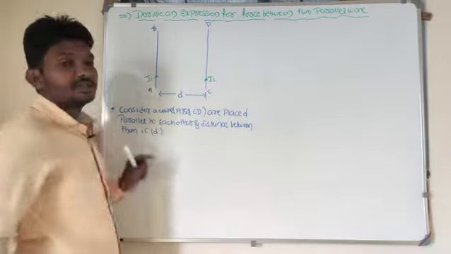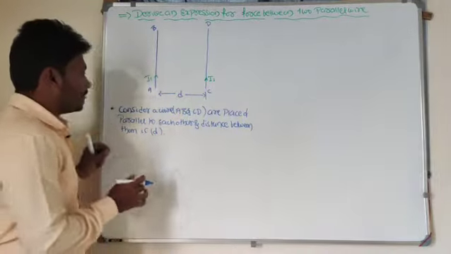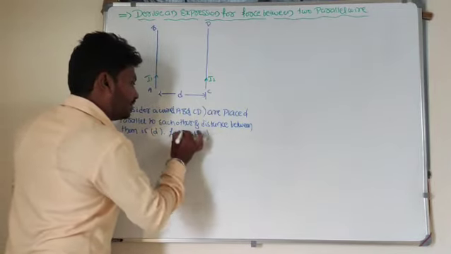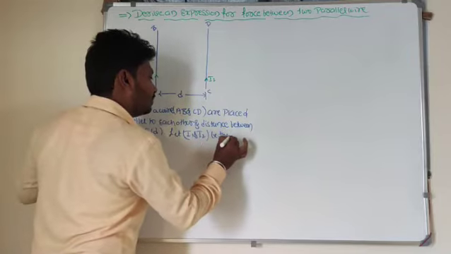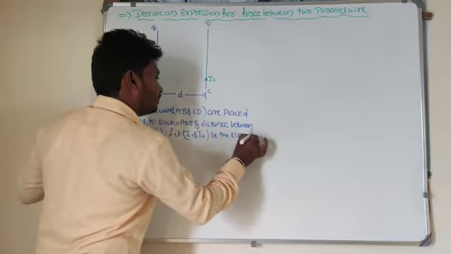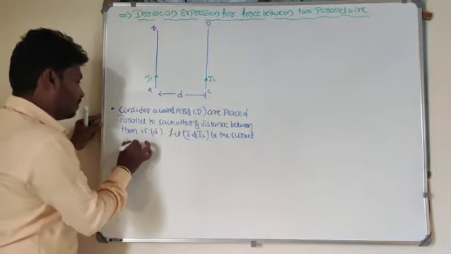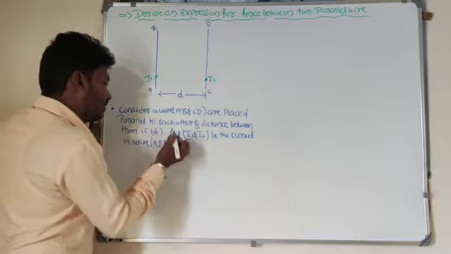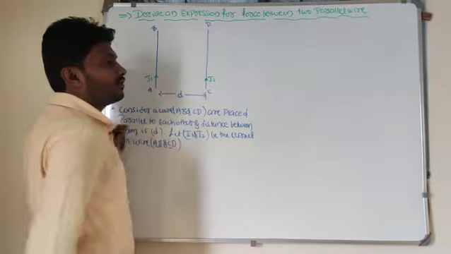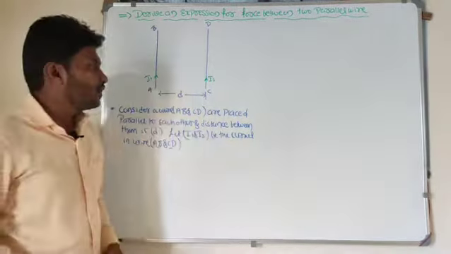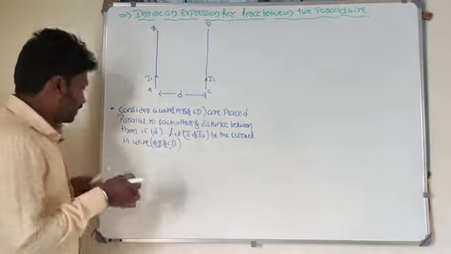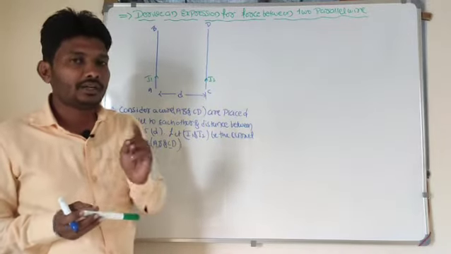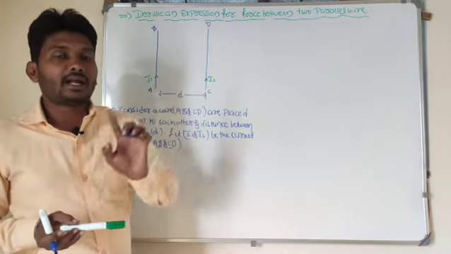Let I1 and I2 be the currents in wires AB and CD. In wire AB, I1 amount of current is flowing, and in wire CD, I2 amount of current is flowing here. Now the important point is, due to current I1, you will get magnetic field B1.